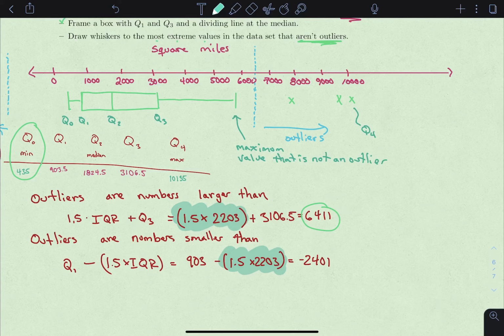And what that means you can gain from the box plot quickly is an expectation that between any two vertical lines, you can expect 25% of all the data to fall.